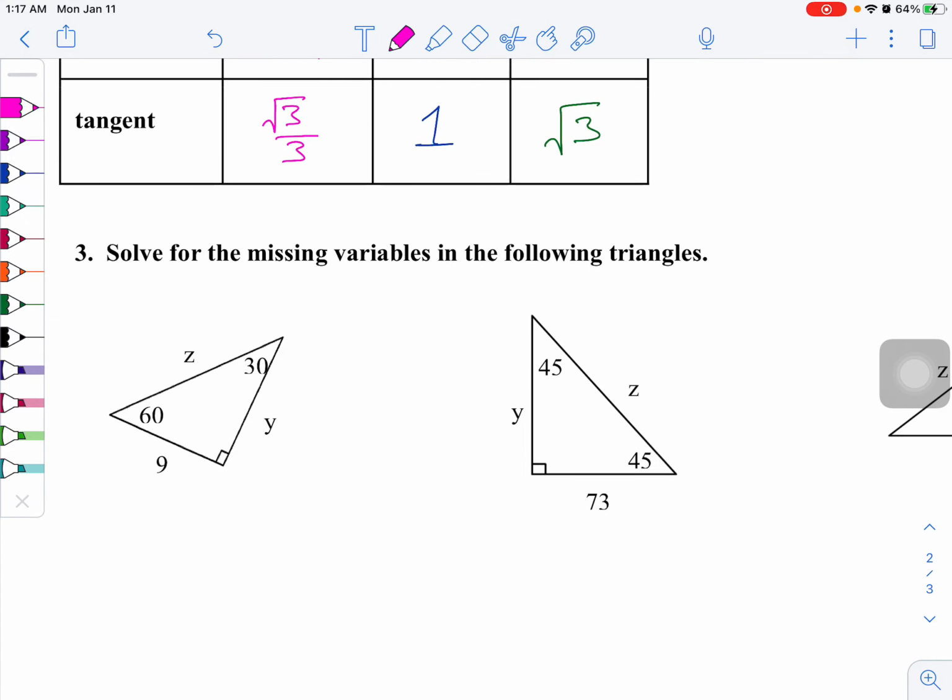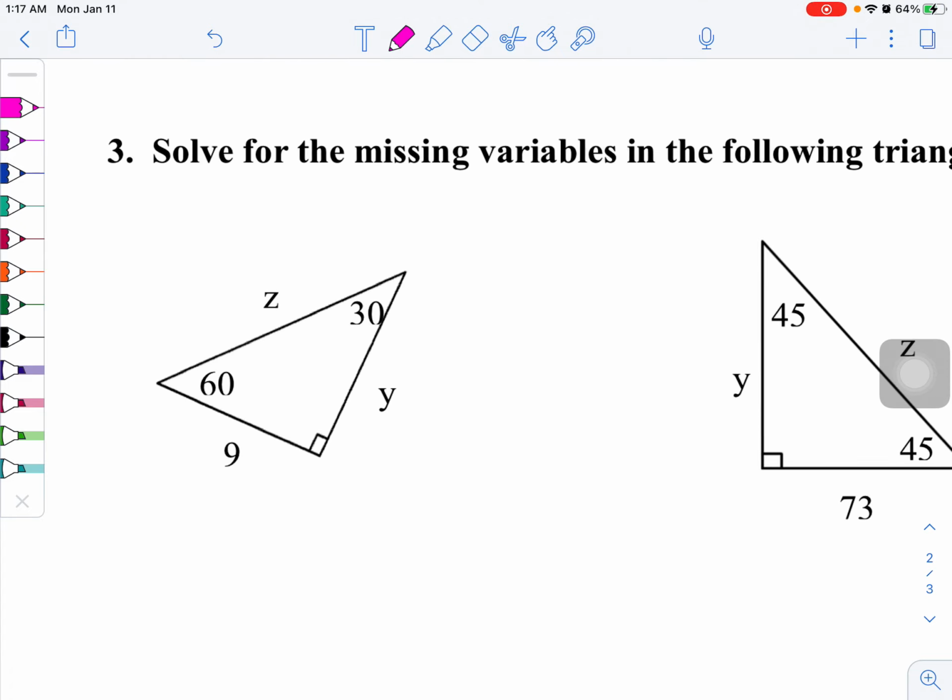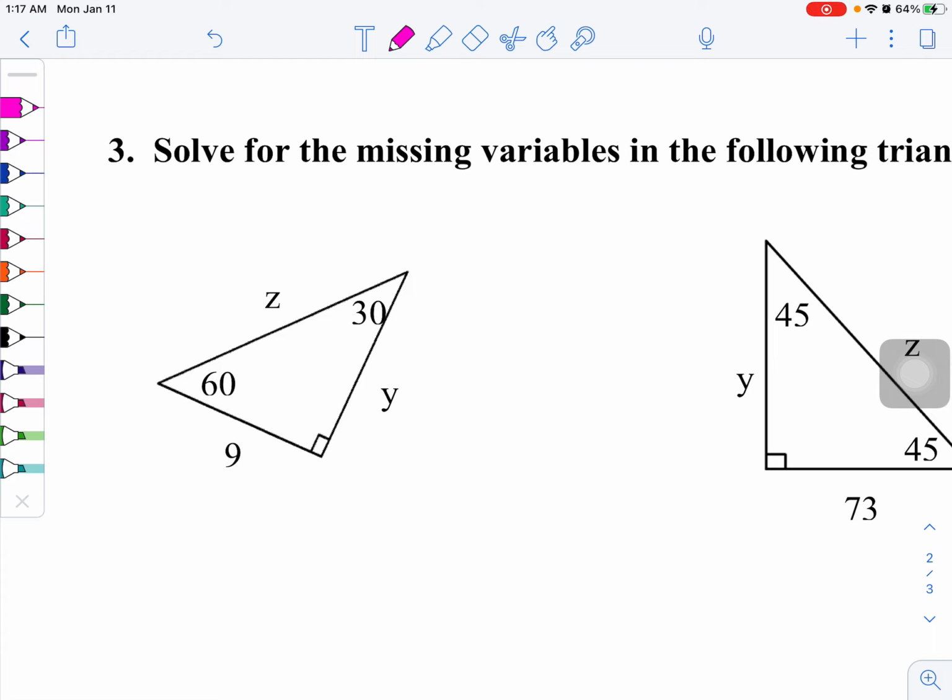All right, so a couple of quick examples, kind of like what I did in the proof part of the 30, 60, 90s and 45, 45, 90s. We're looking for missing information. So here's what I know. Opposite the 30 is x. The hypotenuse is 2x.